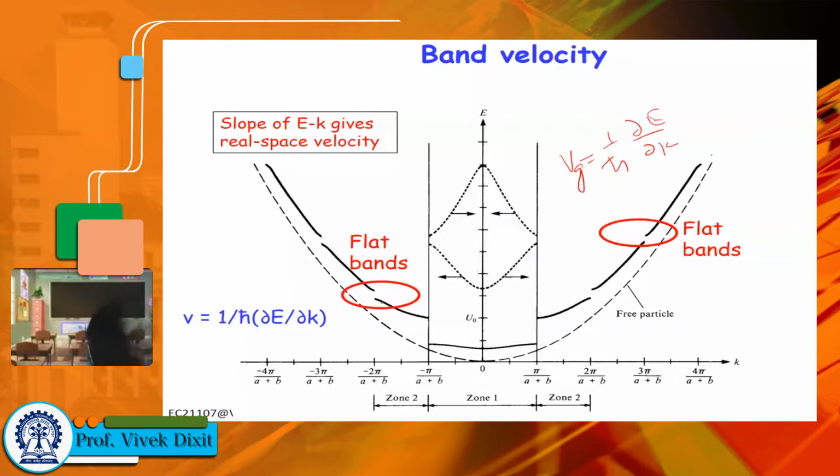Now this is basically 0 at these zone boundaries, the integral multiple of pi by a plus b, right? And a plus b is basically, you can say, a translation vector r, right?